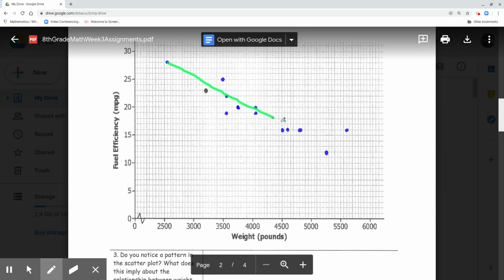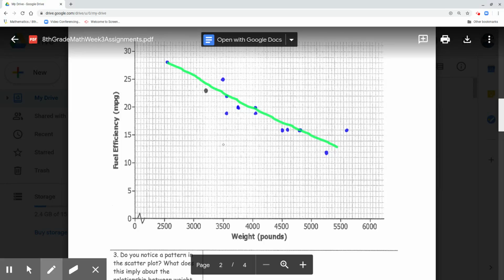There's a couple that aren't quite right, but most of them are going the same way. So that's actually the type of thing we would look for when we're trying to see if there is a pattern or some kind of relationship between the different sets of data that we're trying to compare using the scatter plot. So let's take a look at what question 3 wants us to do.